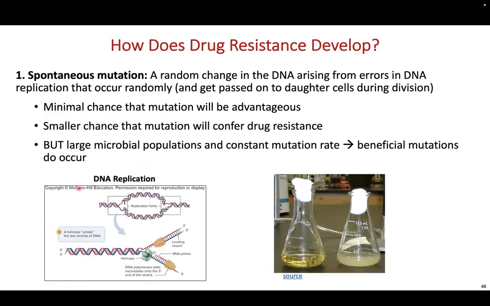So spontaneous mutation is a random change in DNA arising from errors in DNA replication. As we talked about earlier, there are no mistakes happening on the leading strand during DNA replication, but there are mistakes happening on the lagging strand due to the multiple priming of the RNA primer, leading to Okazaki fragments.